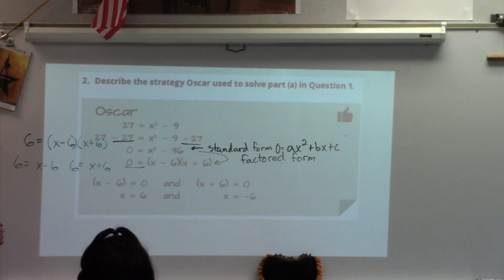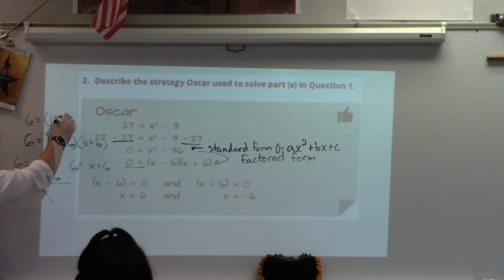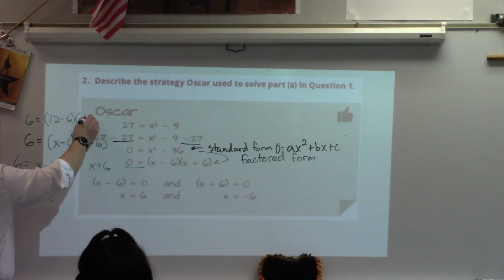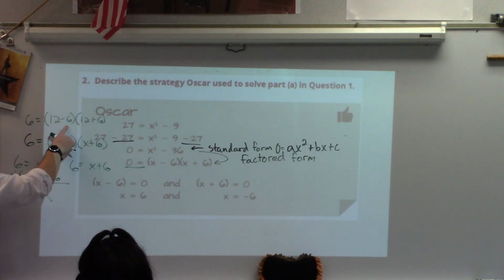Yes, you think so? Okay, let's check it. Let's add 6. 12 is equal to x, right? Substitute that in. What's 12 minus 6? 6. Times 18? Is 6 times 18 going to equal 6? No. So I can't just magically split up my factored form every time I want.